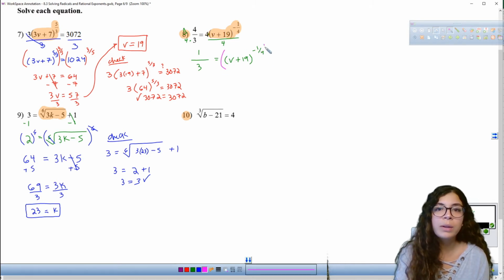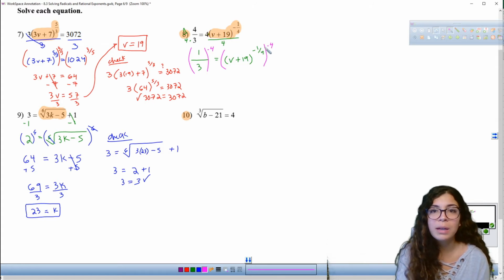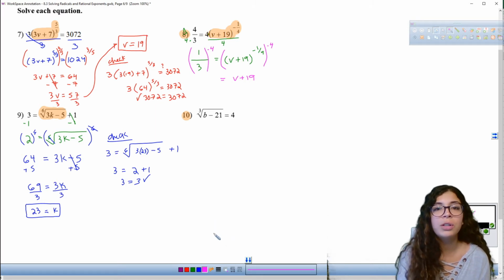So I need to get rid of that power by raising both sides to the reciprocal of that power. So I'm going to raise both sides to the power of negative 4. Now, negative 1/4 times negative 4 will multiply to 1. So I'll have v plus 19 to the power of 1, which would of course just be v plus 19. On the left-hand side, 1/3 to the power of negative 4 will really be 3 to the power of positive 4. So this will end up being 81.